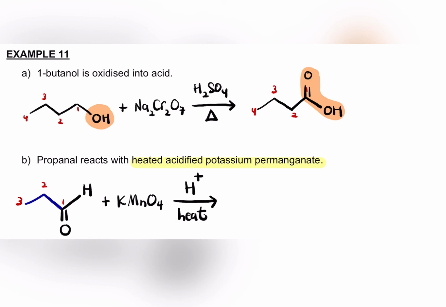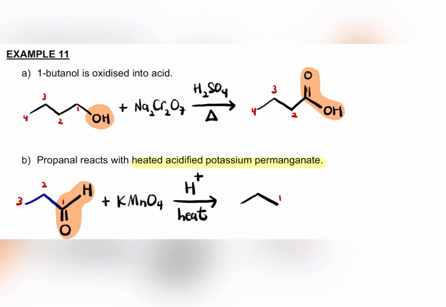So as you see from here, your functional group is carbonyl. So this functional group will be converted into carboxyl functional group. So I'm going to copy back the carbon atoms, which will be 3 of them.